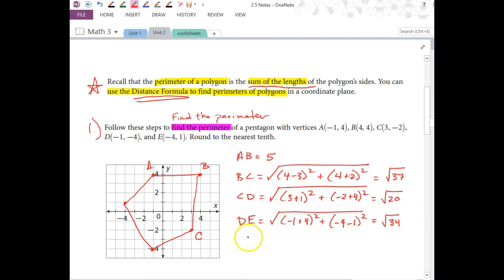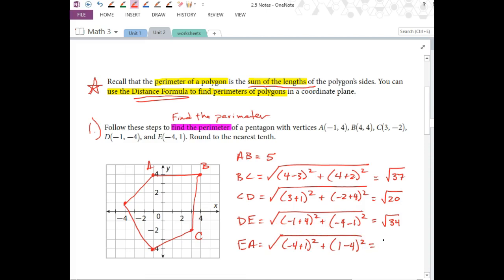And then our last length goes from E back to A. So we're going to go -4 plus 1 squared, and then 1 minus 4 squared.